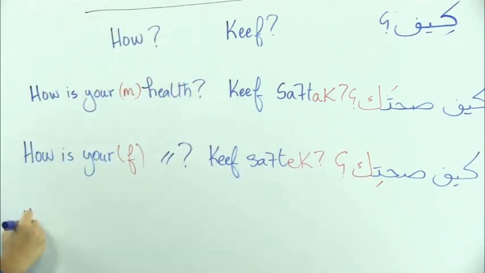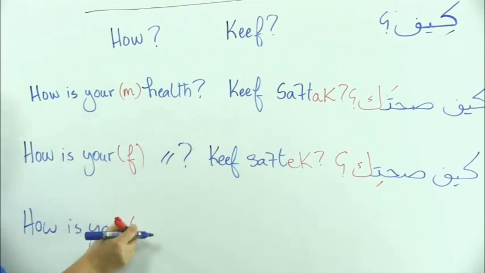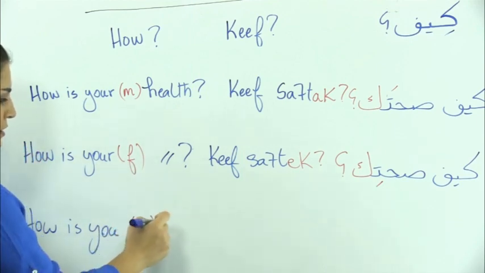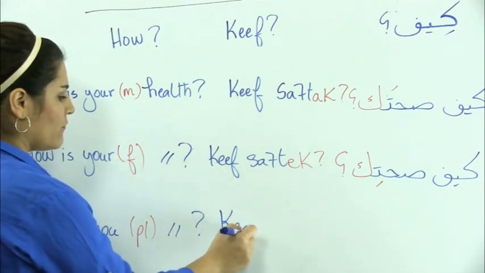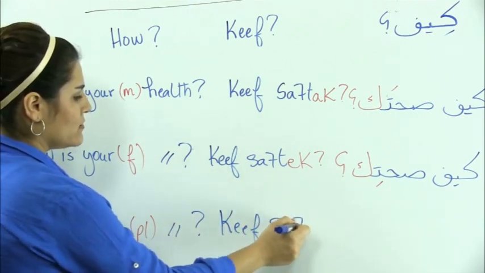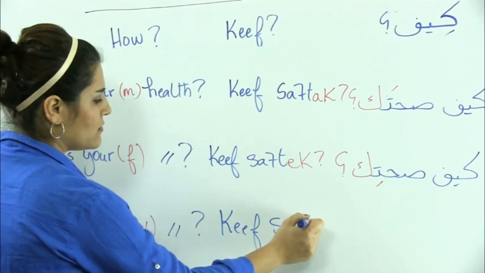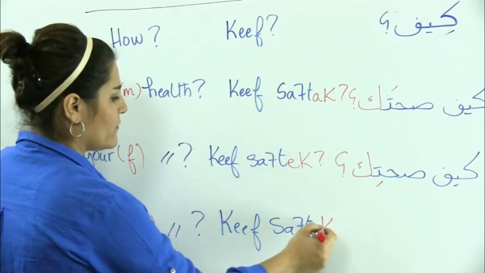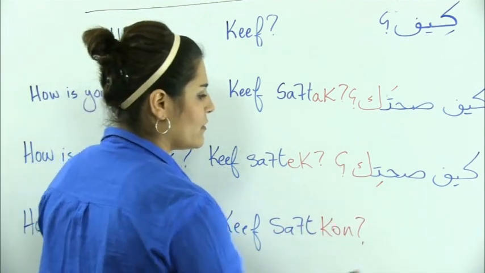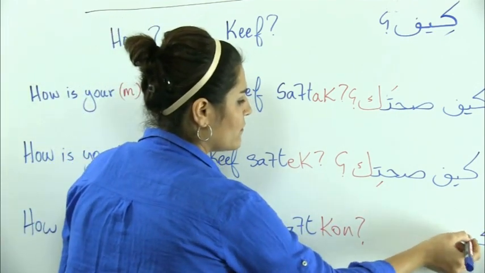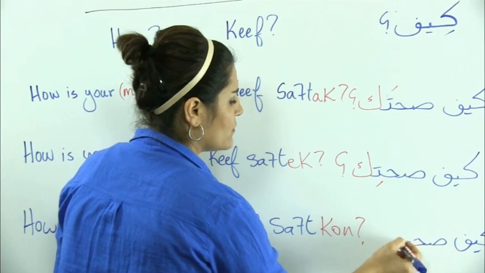Now the last one is how is your health, talking to a group. I'm saying, guys, how is your health? I'm talking to a group. So كيف as well صحتكن, and in Arabic كيف صحتكم.